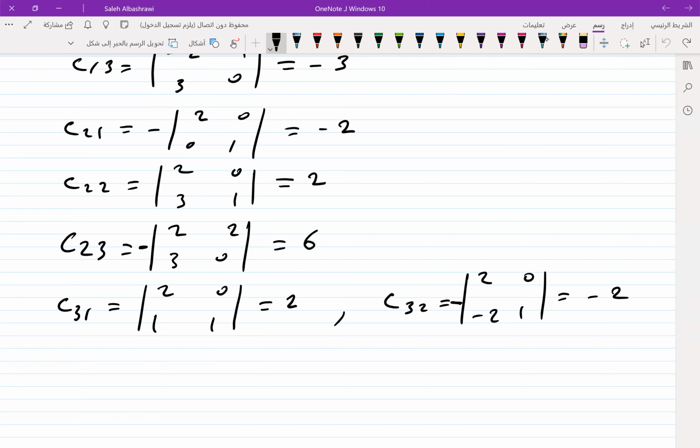And C33 is equal to the determinant of 2, 2, minus 2, and 1, which is equal to 6. So these are the cofactors of the given matrix A.